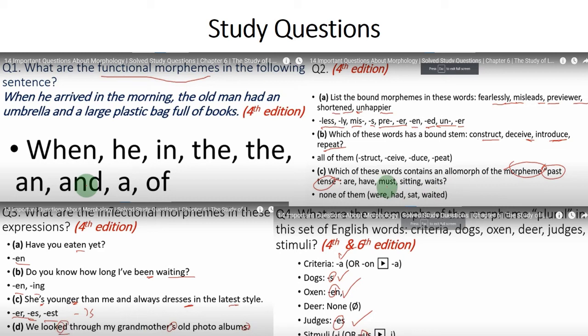In deer there is no morpheme, as deer is used both for singular as well as for the plural. And in judges es, and in stimuli us is replaced by i to make plural. So in stimuli i is the allomorph.